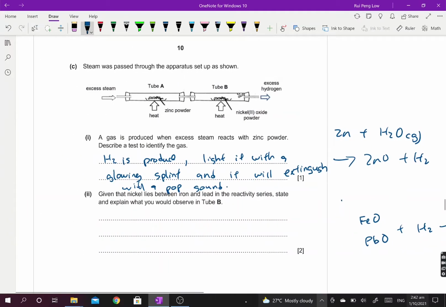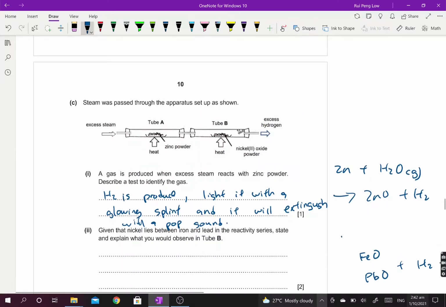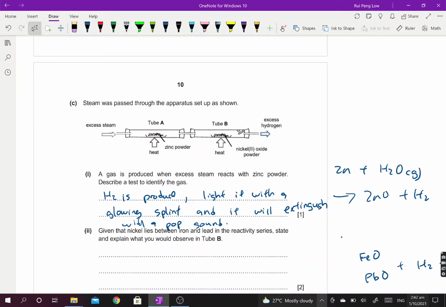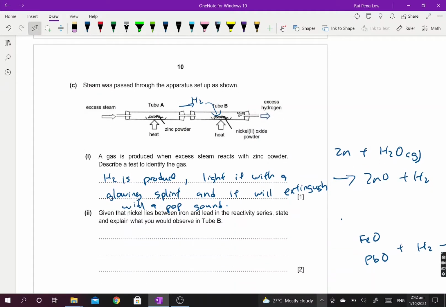All right, so what we are going to do is explain what happens to tube B. Because hydrogen is being produced, the hydrogen will react with the nickel oxide powder.